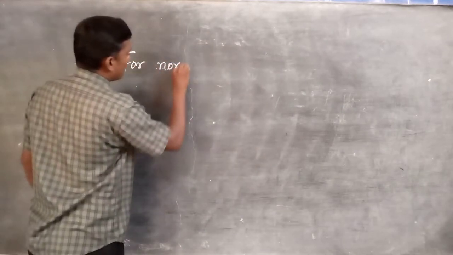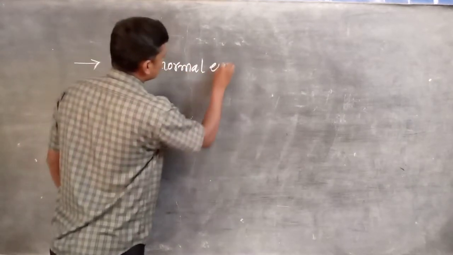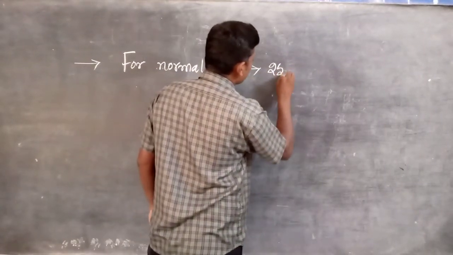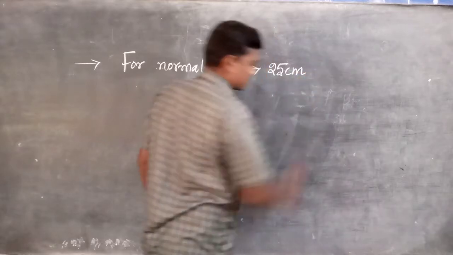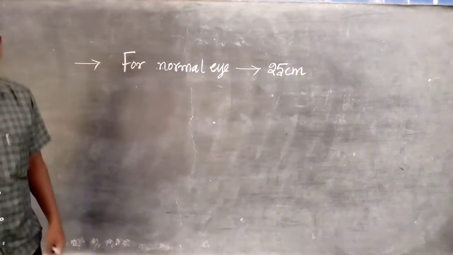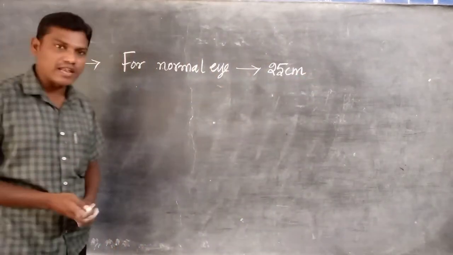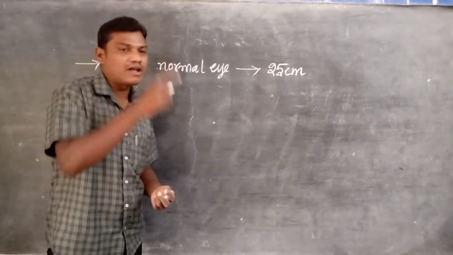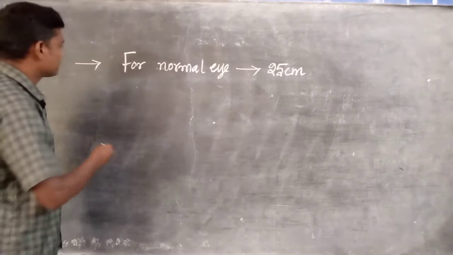For a normal eye, the least distance of distinct vision is 25 centimeters, but it is not constant, it is an average value. It varies from one person to another, based on their eye condition.